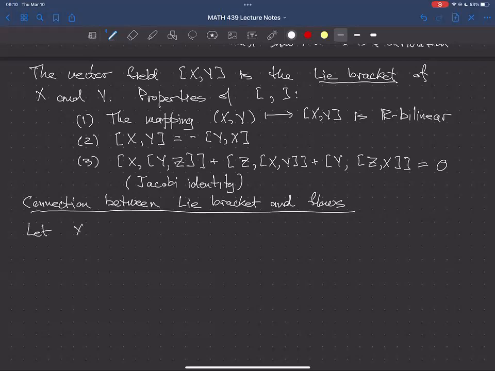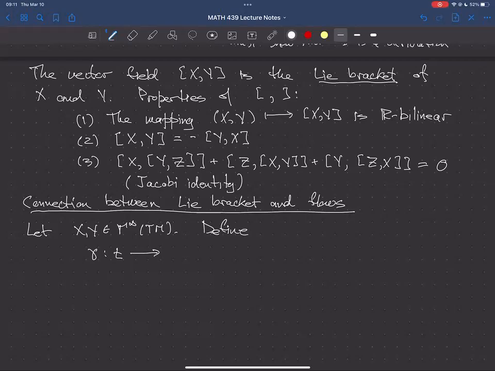Let X and Y be two smooth vector fields. Define a curve, gamma of t, defined like this.